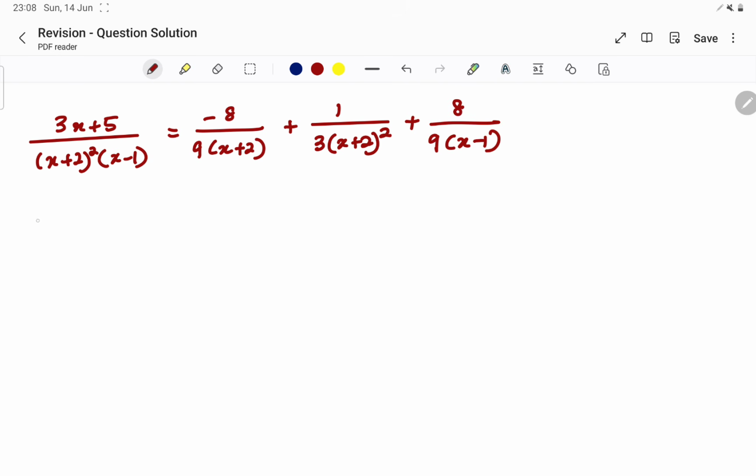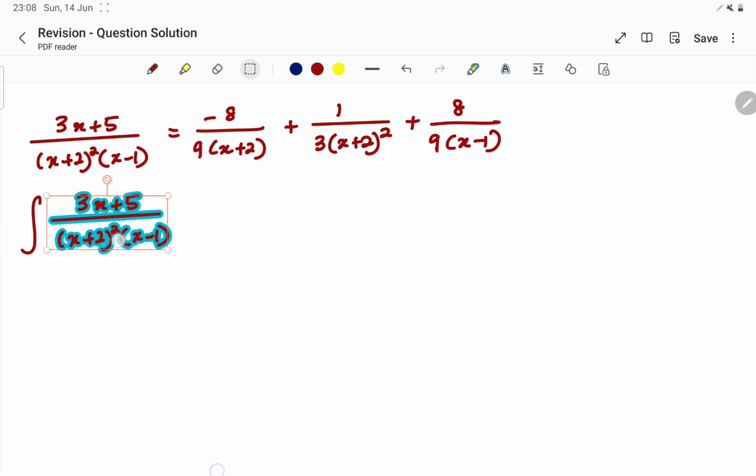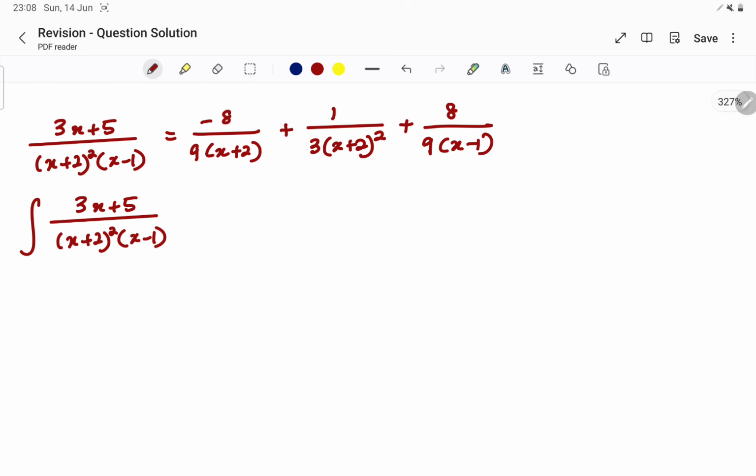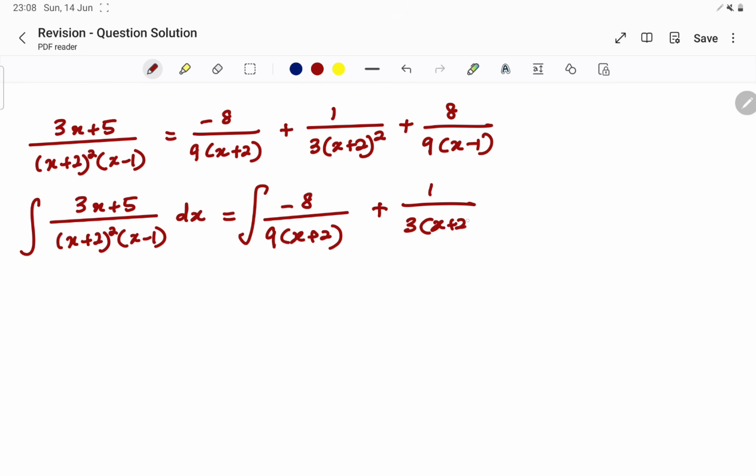So from here, in order for us to find the integration of this fraction, then we combine, become negative 8 over 9x plus 2 plus with 1 over 3x plus 2 square plus with 8 over 9x minus 1 dx.